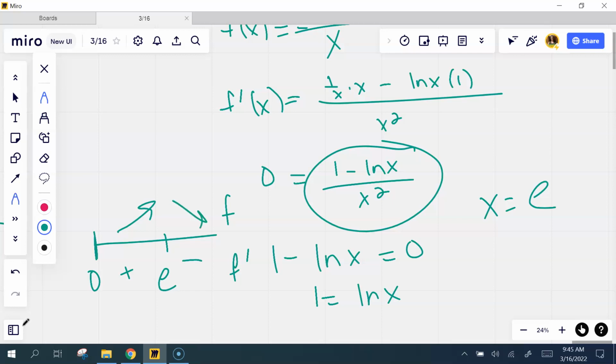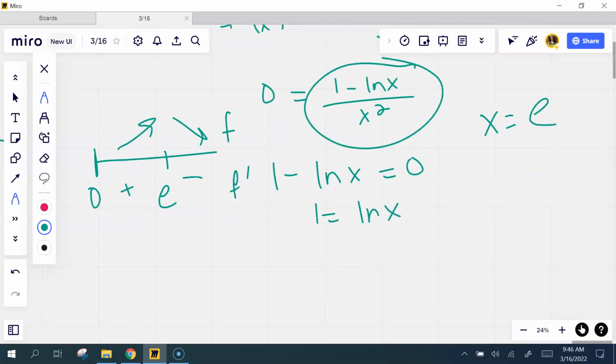So what's your absolute? Look, what's the question saying? We talked about this on a test. The absolute maximum of the function. Value of the function. Not the x value, the value of the function. And whenever it says value of the function, plugging back in. So what is f of e?